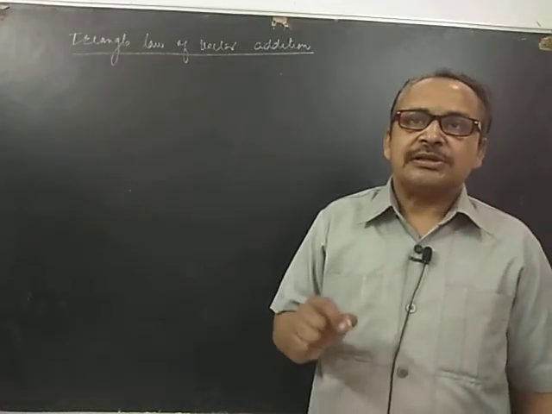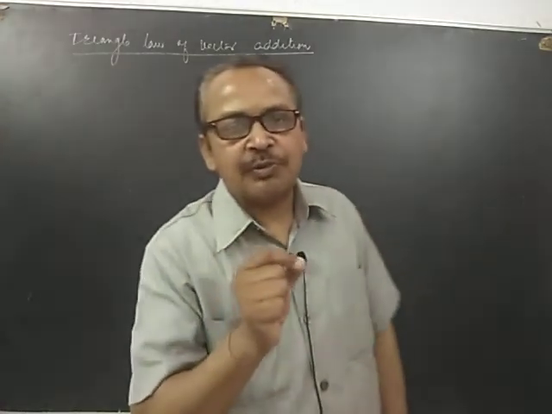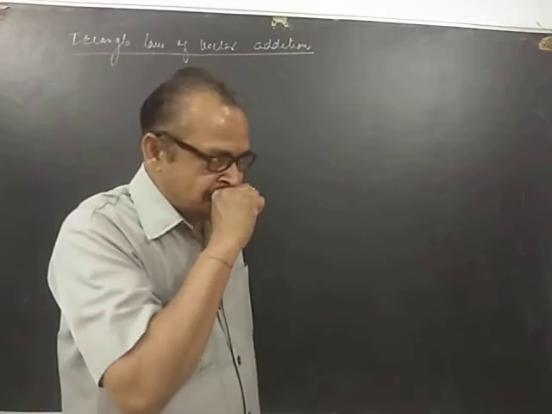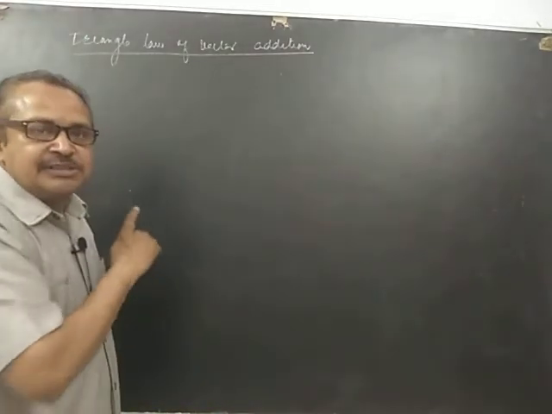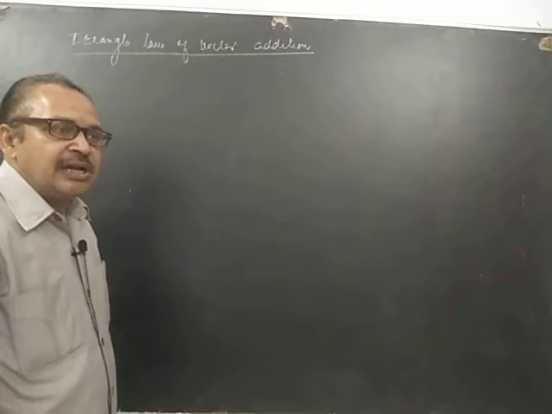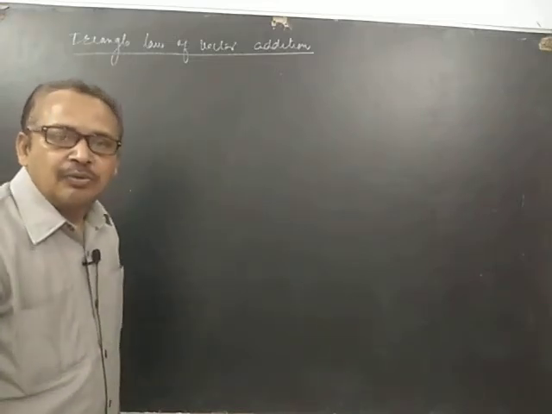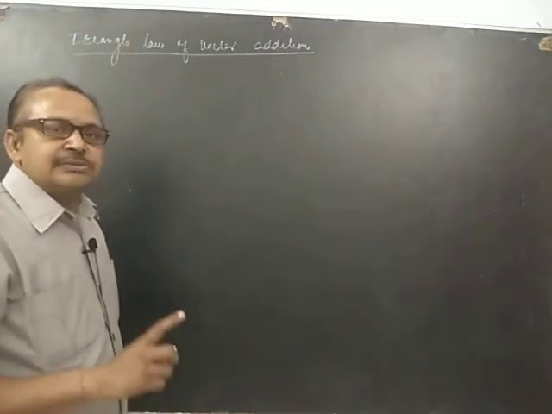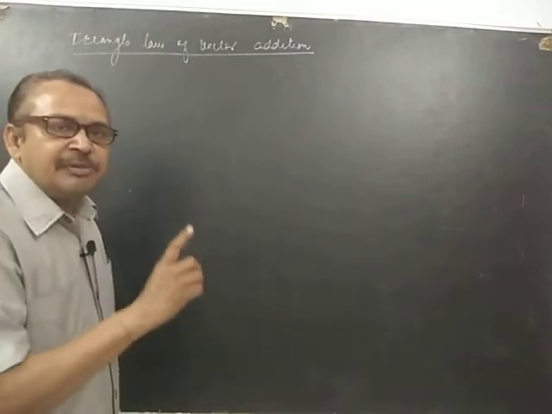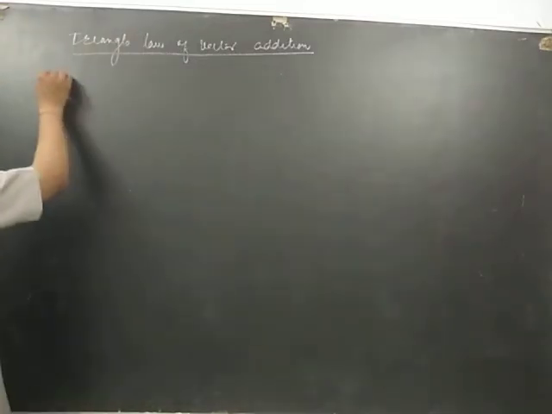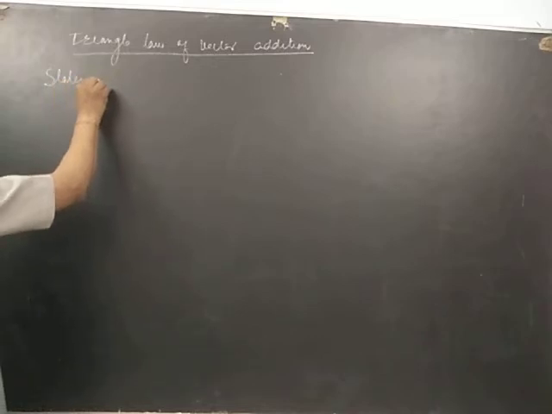That means its statement should be very clear. So first of all, I will explain the statement, then I will write the statement, and then I will show you how this statement can be justified, it can be proved. So the first thing is a statement, that is what we have to write.